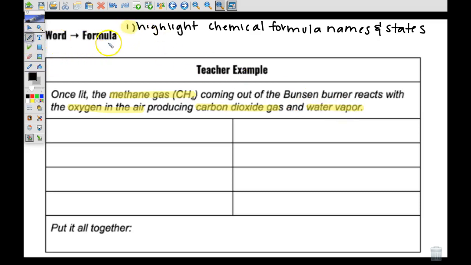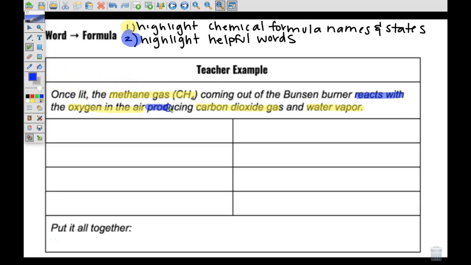My next step is to find any words that help me indicate, so I'm going to highlight in a different color. For example, reacts with implies, because I really have to read into this, that methane and oxygen are my reactants, what I start with.